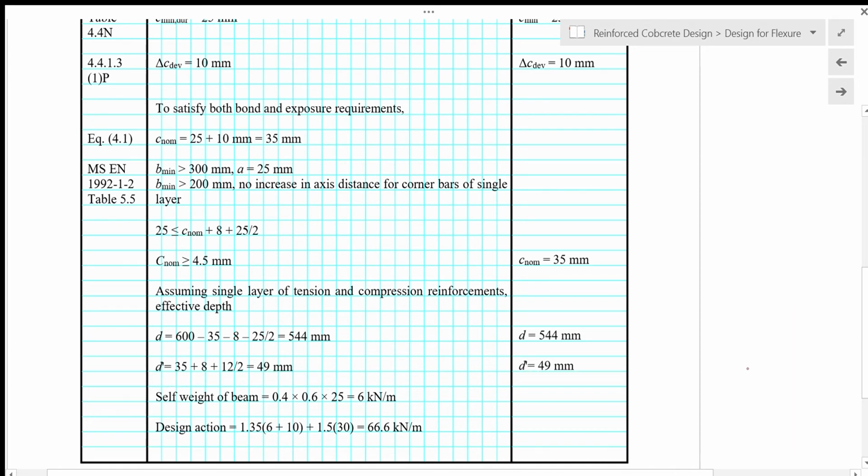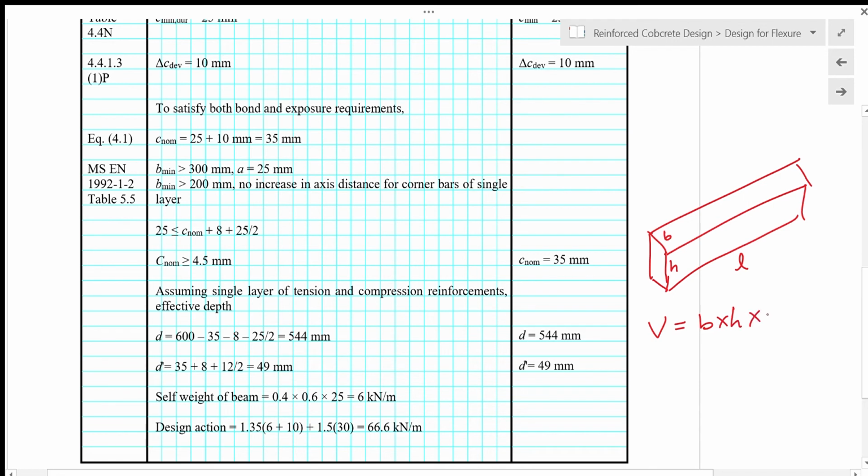After that, we want to calculate the self-weight of beam. So if you have a beam of cross section b times h times L, the volume of the beam is b times h times L. And then the weight is the density times volume.